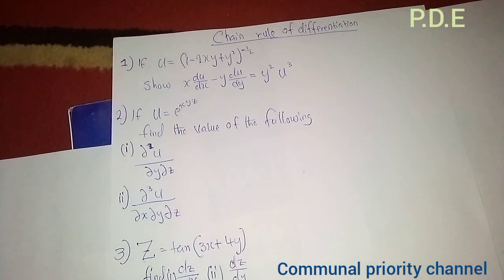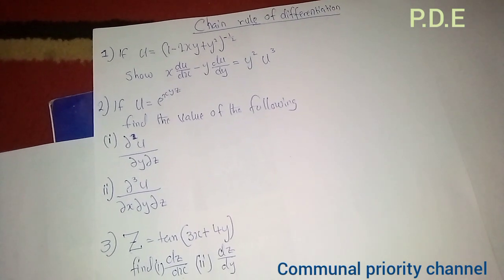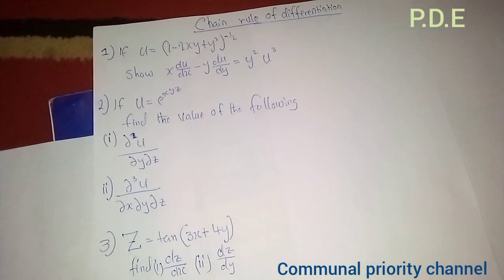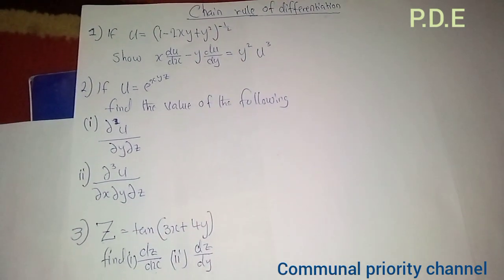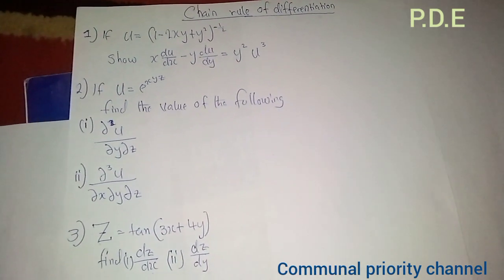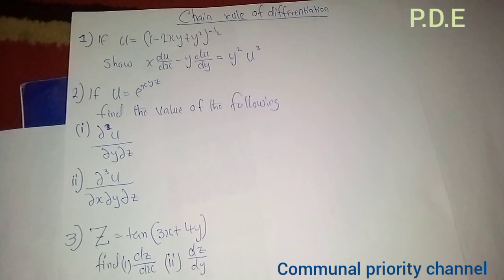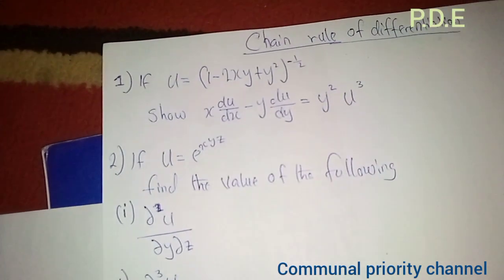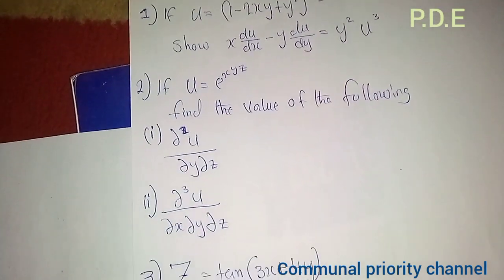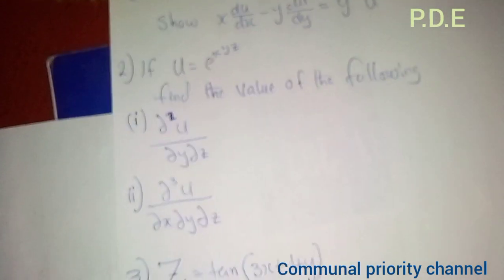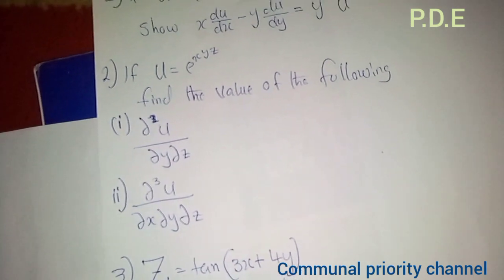So I hope you understand number 1, which says show that x du over dx minus y du over dy is equal to y square u cube, if u is equal to (1 minus 2xy plus y square) to the power of minus 1 over 2. And with number 2, we say if u is equal to exponential xyz, find the value of the following.